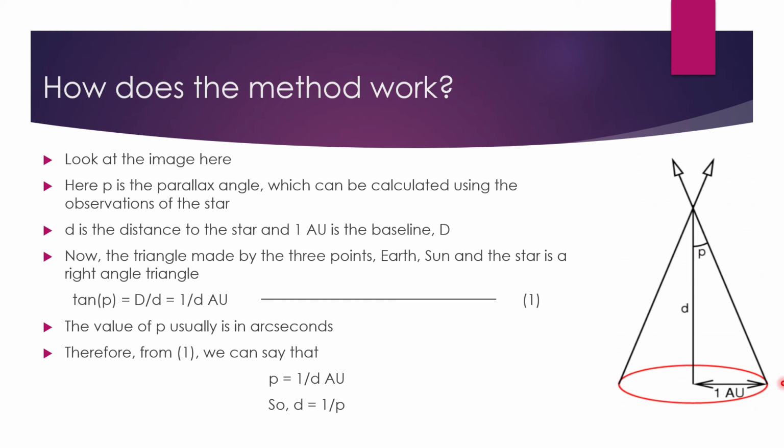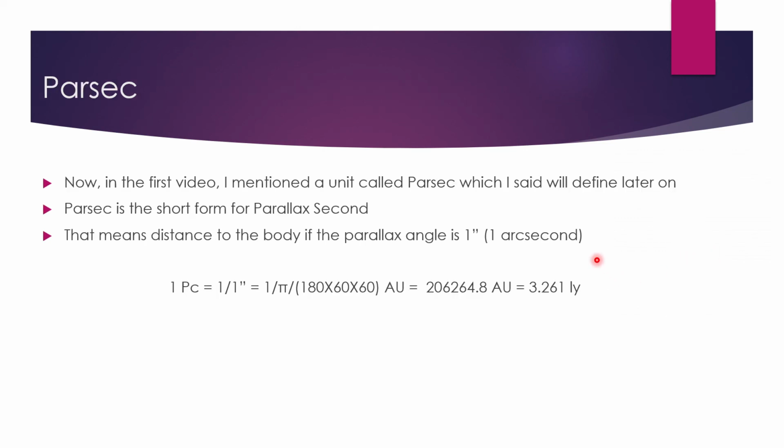That means the apparent angular shift between two observations after a period of 6 months, one over here and one over here, is about two arc seconds. So if that's the case, then we'll get the parallax angle as 1 arc second, and then the distance to that body is a parsec.